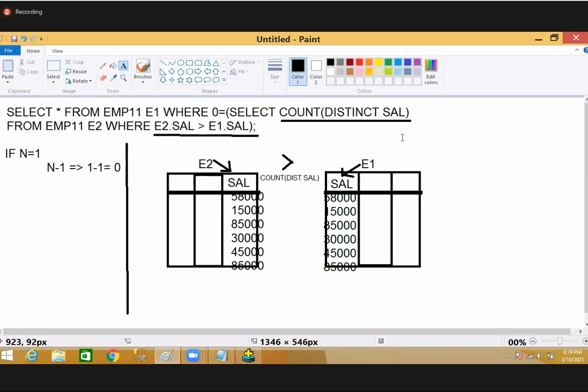Now tell me, guys, one thing. In this E1 and E2, two aliases are there. Which alias is the outer query alias?